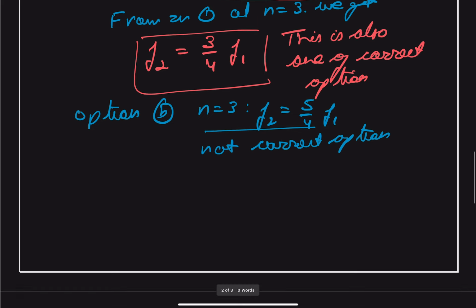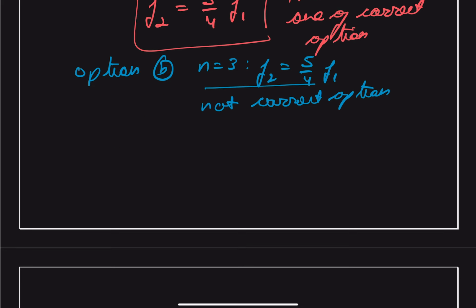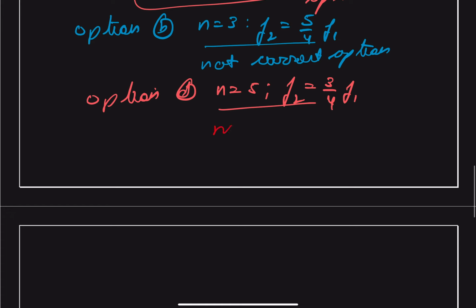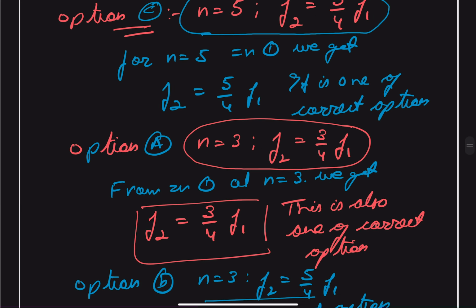Similarly, we can check option D. Option D gives that for n equal to 5, we should be getting f2 equal to 3 by 4 times f1, which is also not true, so it is not a correct option. So we found that options A and C are the two correct options.